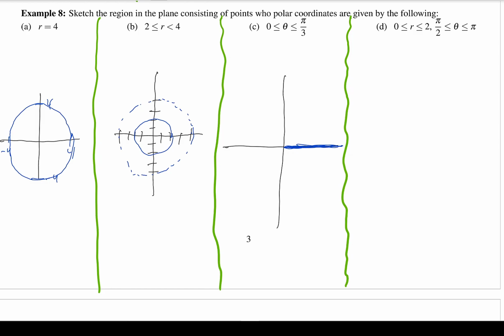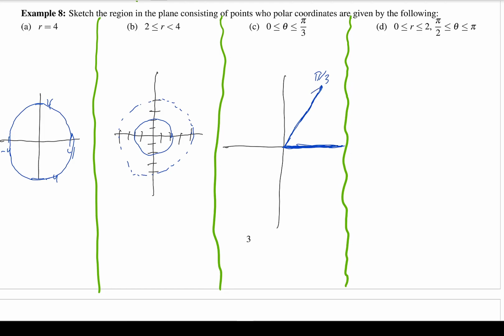This would be a line that has an angle of 0 from the x-axis. And then we go to pi over 3. So that's somewhere up here. And so I include this line as well. Now imagine that r can be anything it wants to be.